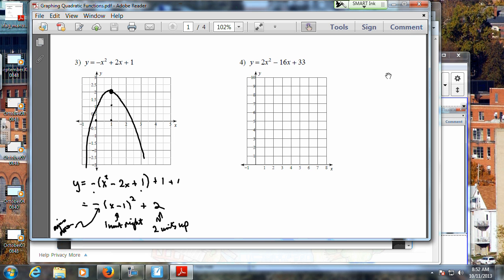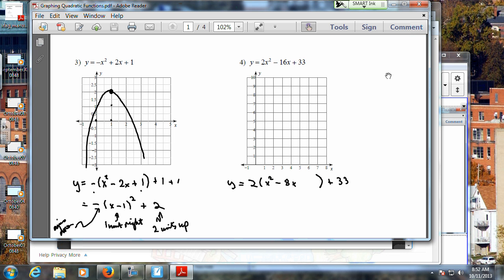Same trick for number 4. This time I will write y equals, factor the 2 out, and it's x squared minus 8x. That's the minus 16. Now, I could have factored an x out, but that won't help me with my completing the square strategy. So the plus 33 is still there.